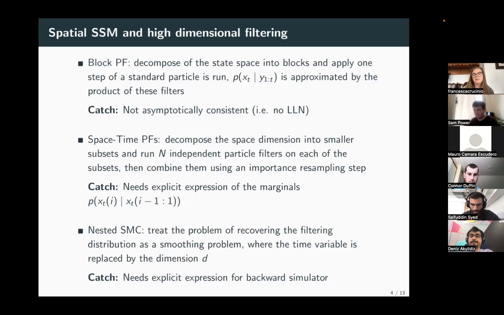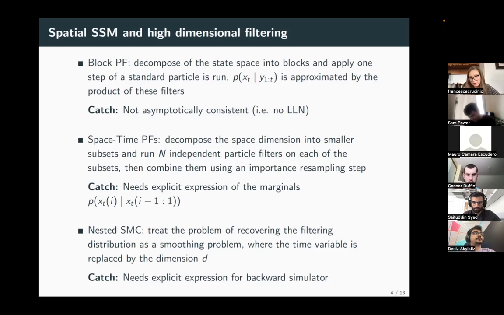Of course, this works quite well, but it's somehow limited to models for which you can write down analytic expressions for the backward simulator. So at the end of the day, both the space-time and nested approaches require a model which factorizes enough. When you write down the joint distribution of state and observation, you need them to factorize.